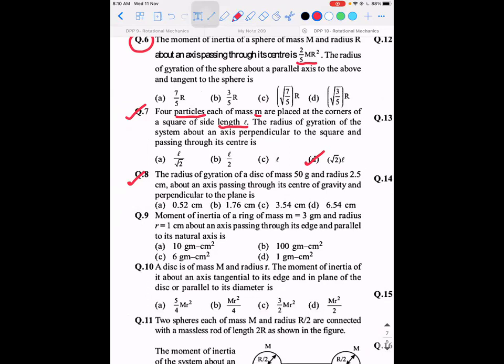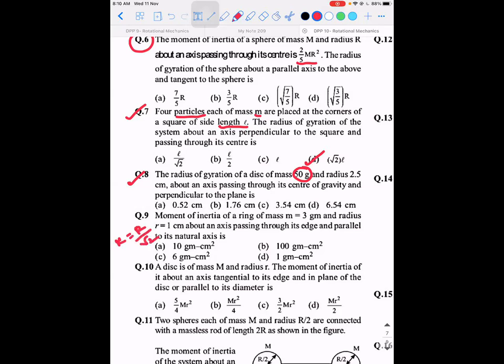For radius of gyration, the independent quantity is mass. It doesn't depend on mass. So the radius of gyration for a ring is R. For a disk, how much is it? You said R square by 2. See, radius of gyration is a distance. It is R by root 2.